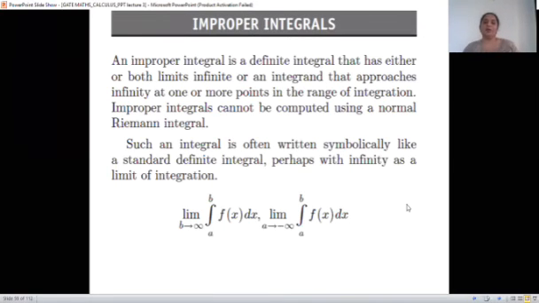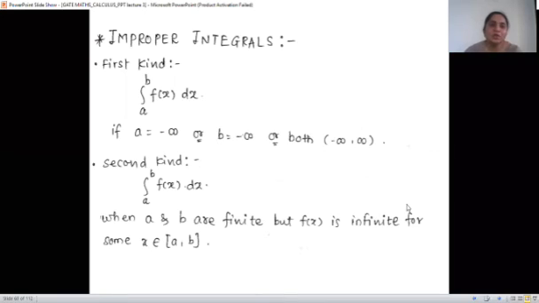Next is improper integral. Improper integral, first kind, second kind. What is that? First kind improper integral: integration a to b f of x dx is said to be of first kind improper integral if either a or b is infinity. So first kind is a is minus infinity or b is infinity, or both are, minus infinity to infinity.